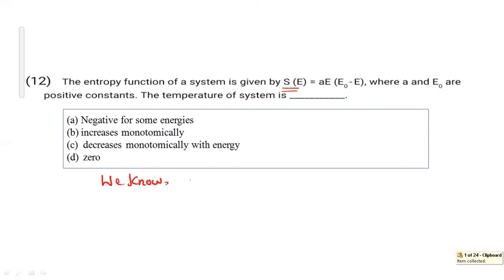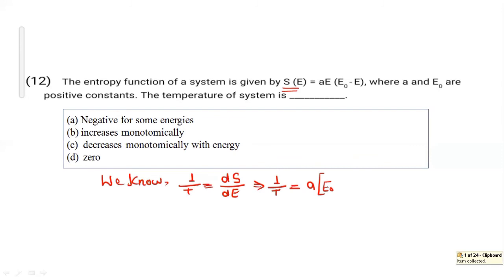We know that 1 by T is equal to dS by dE, right? That means we have to just differentiate the entropy with respect to energy E. Here A is a constant term, and E naught is also a constant term.